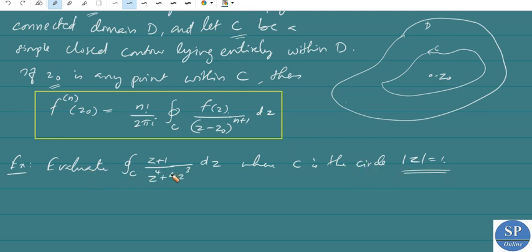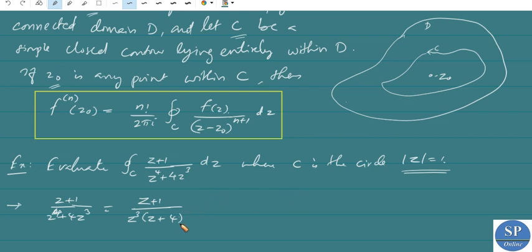Our integrand is z plus 1 divided by z to the power 4 plus 4z cube. To find the singularities, we can take z cube outside from the denominator, so it is z cube into z plus 4, right?